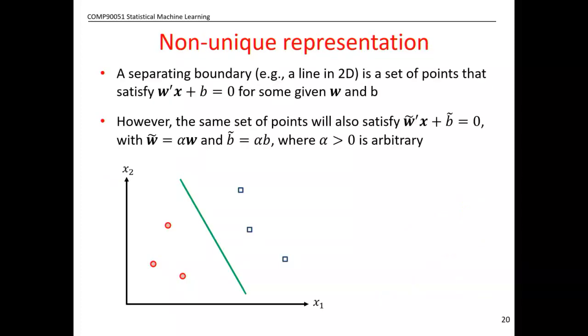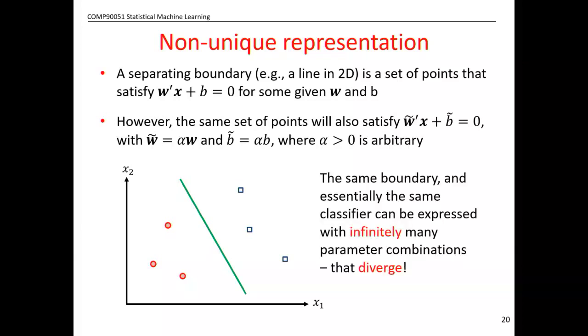So here's spelling out the issue that happens, the non-unique representation. The separating boundary is just the set of points that satisfies this equation. But we would get the same set of points if we scale W and B. So that's just spelling out what I said in words. So same boundary, but we have issues. So we don't like that.